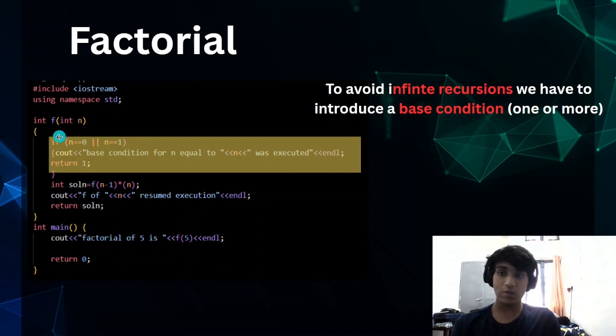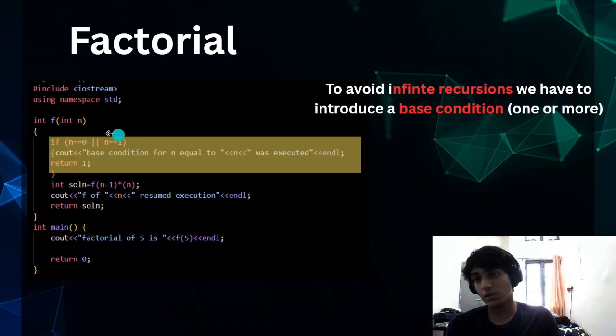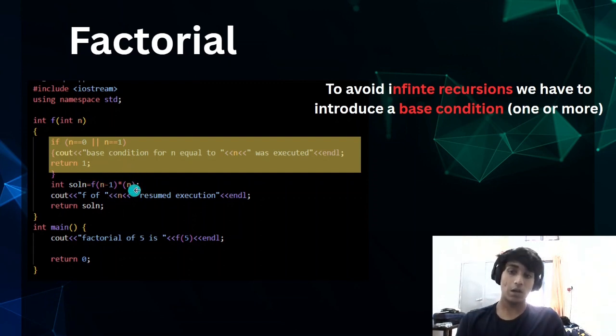So if n equals 0 or n equals 1, we just have to return the value of 1, as well as print this statement. And if this base condition is not met, then we would go and call f of n minus 1, times n, because that was the formula.